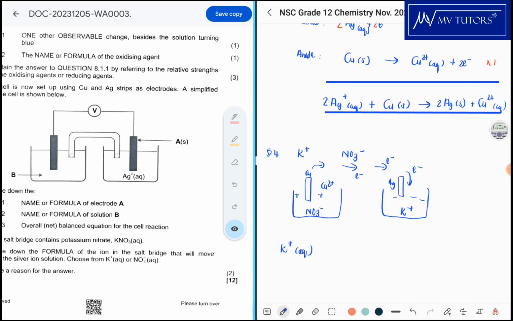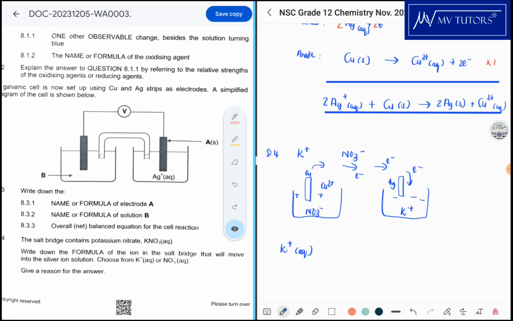And give a reason for your answer. It's 2 marks. It goes back to opposites attract. I don't know if that's a simple answer to give, but you need to explain that copper, when it loses electrons, it becomes positively charged. You are left with cations. Therefore, the negative part of the salt bridge solution will be attracted to that copper, which is the nitrate.